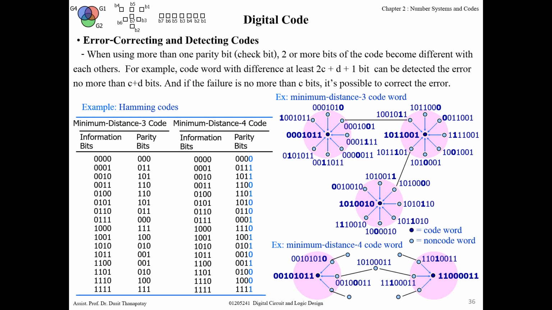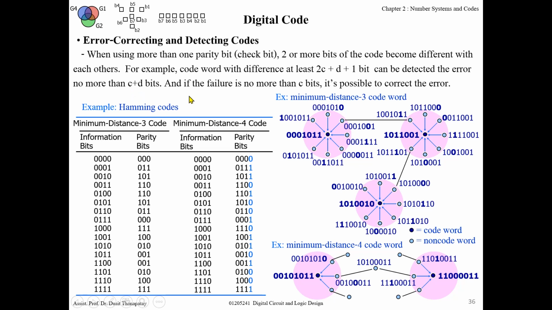For the detail, actually, for this system, if the code words differ by 2C plus D plus 1 bits, it can detect errors of no more than C plus D bits.